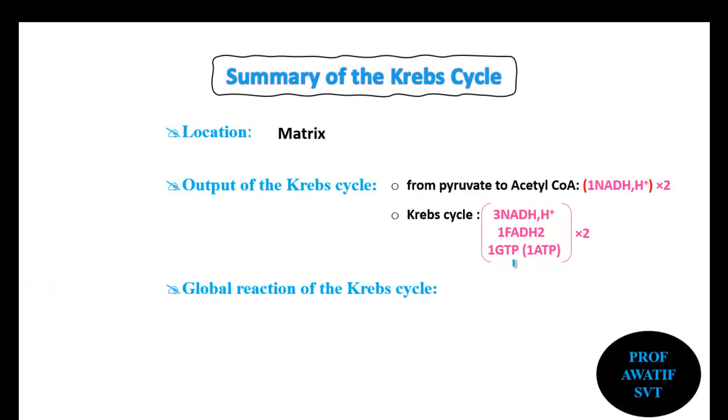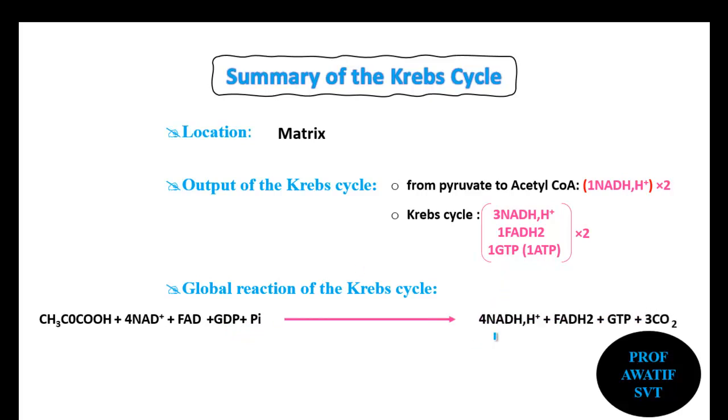Next, the global reaction of the Krebs cycle is the following. So CH3COCOOH, which is the chemical formula of pyruvate, plus 4 NAD+, plus FAD, plus GDP, plus inorganic phosphate are going to be converted into 4 NADH, 1 FADH2 and 1 GTP, and also we will have the release of 3 carbon dioxides.